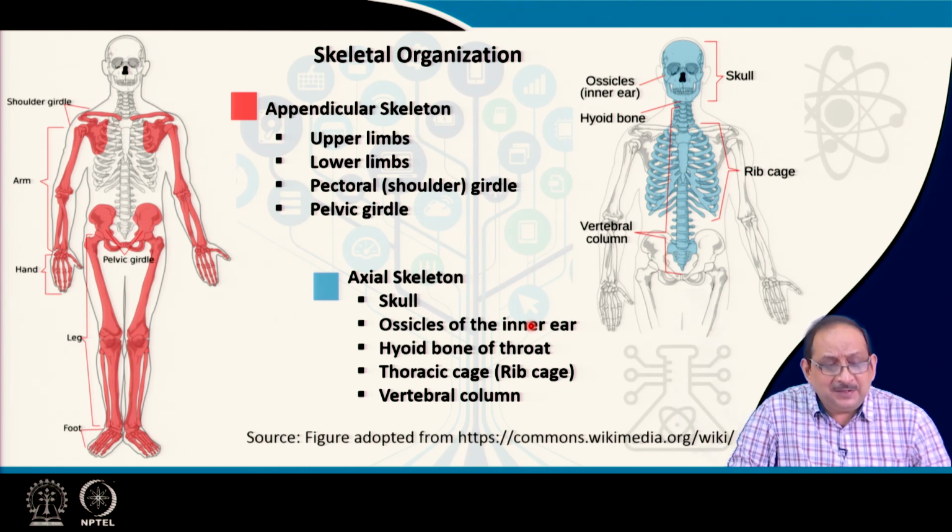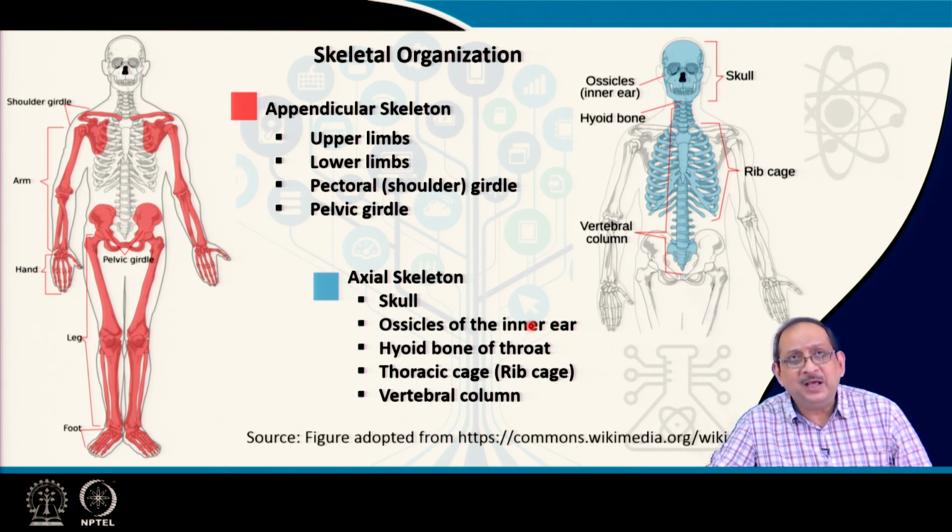The skeletal system comprises the appendicular skeleton and the axial skeleton as shown in the figure. On the left, the skeleton marked in red is the appendicular skeleton. On the right, the skeleton marked in blue is the axial skeleton.